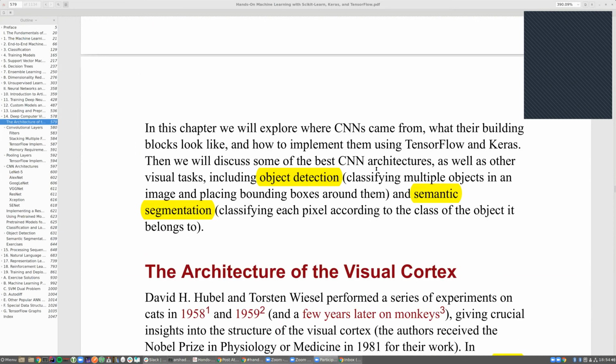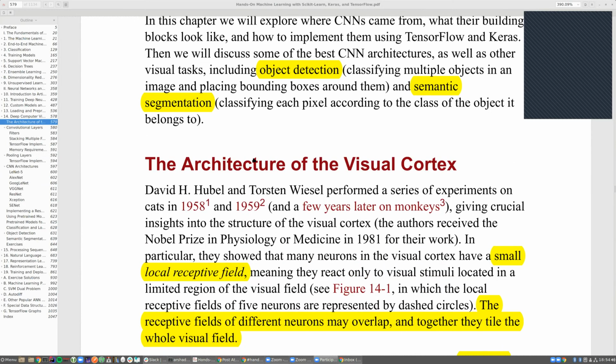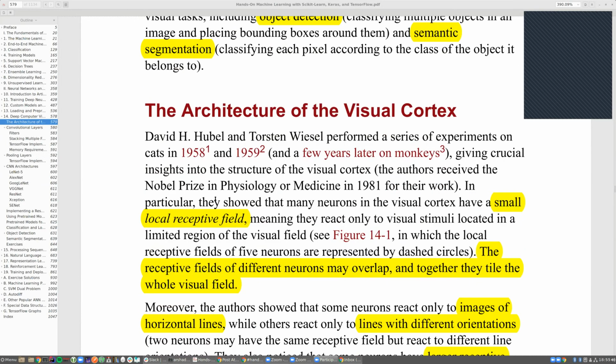So convolutional neural networks have been used for object detection, which is vision-related, and then semantic segmentation, which is classifying individual pixels. And of course, they're used for self-driving cars and lots of other applications. So this is a little bit of a history of the research that was done on animals and their visual systems.